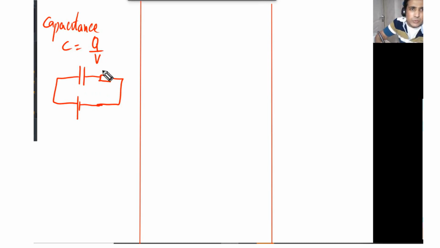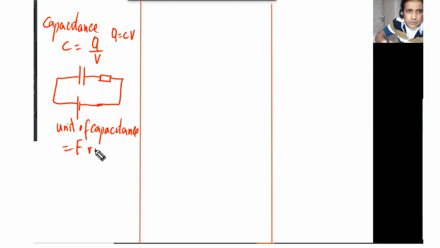So C is equal to Q over V. Often we remember this one, Q is equal to CV. And also we have discussed the unit of capacitance. The unit of capacitance is farad, and we use letter capital F for this one.